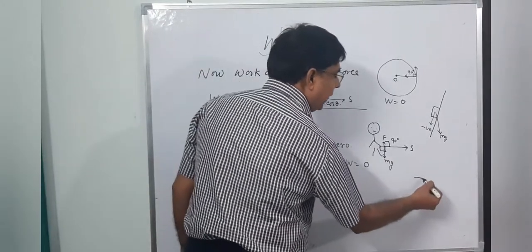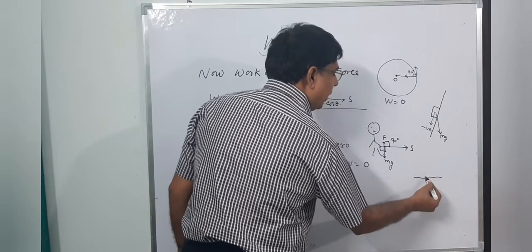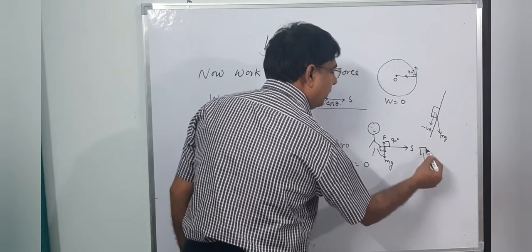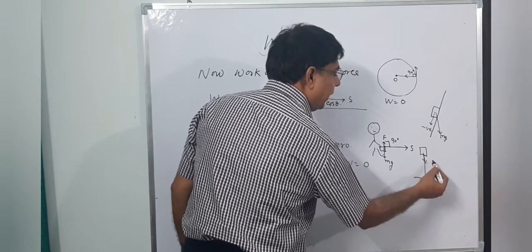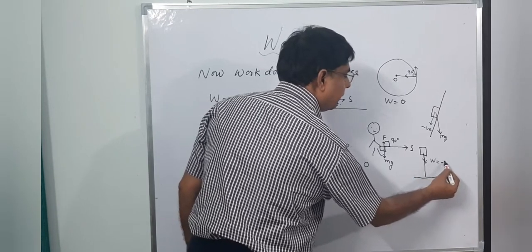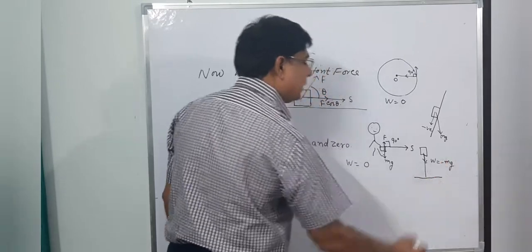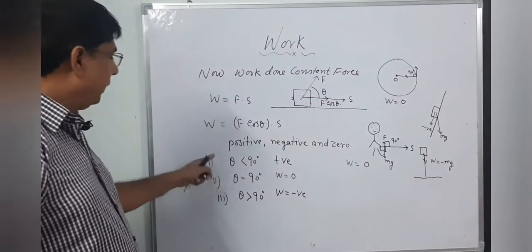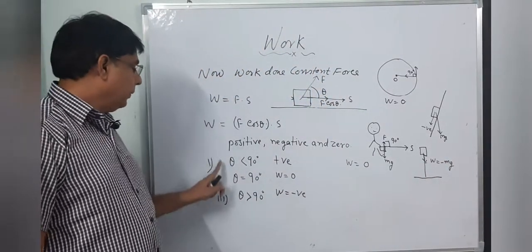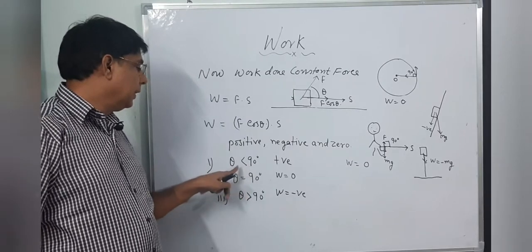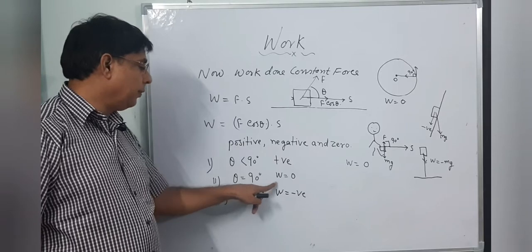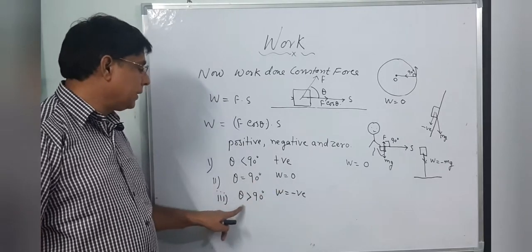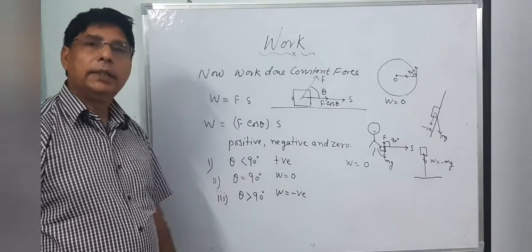Or if we carry an object in the upward direction from the ground, then work done by gravity will be negative. These are some examples related to the nature of the work. When theta is less than 90, work is positive. When theta is 90, work is 0, and when theta is greater than 90, work is negative.